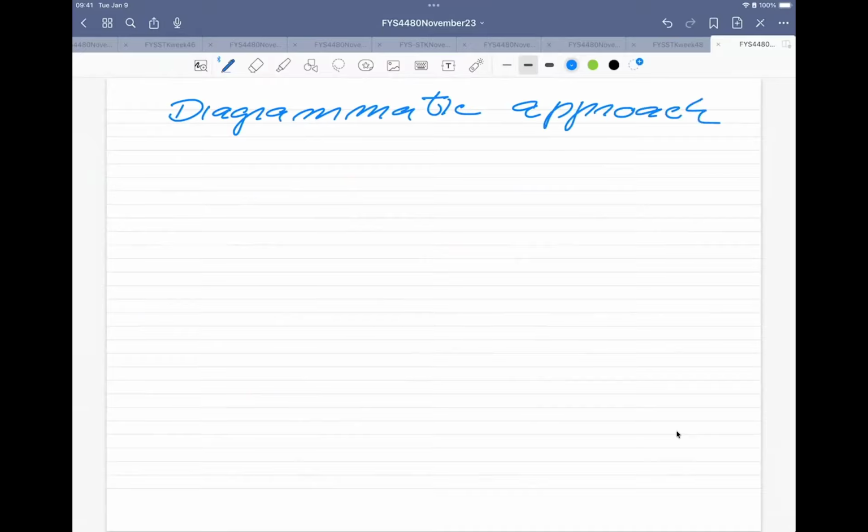So let's now take a look at the amplitudes and how we can represent them diagrammatically. So this amplitude T2, which we have, diagrammatically we know that it's given by 1 over 4, and then we have a sum over A, B, I, J, and then we have this T_ij^ab.